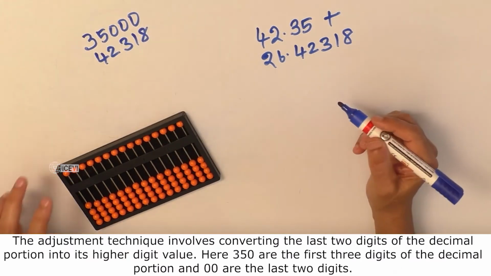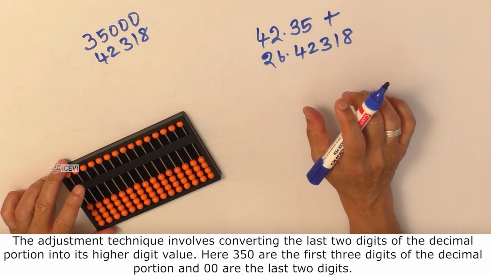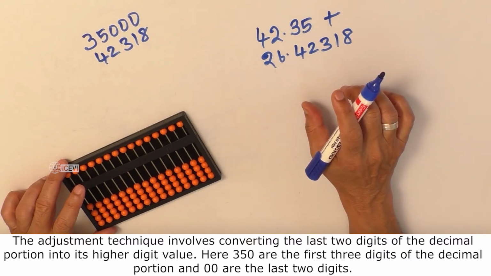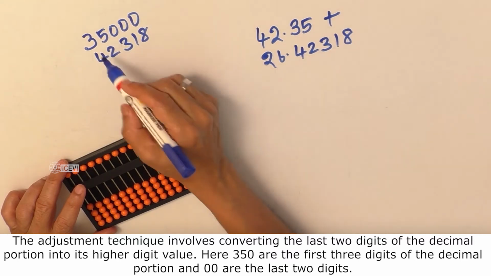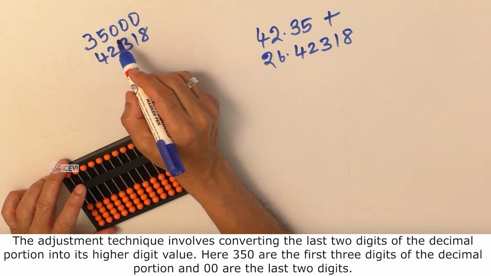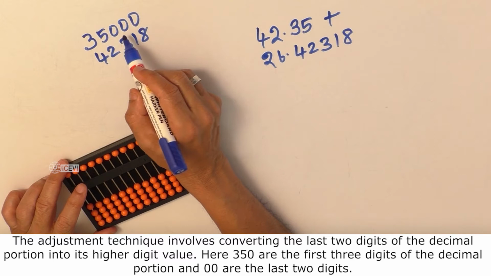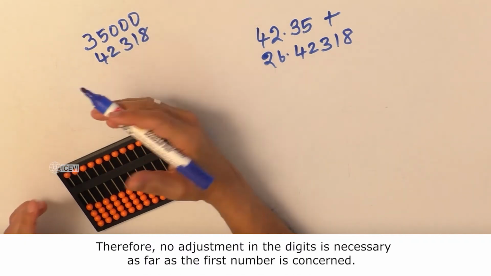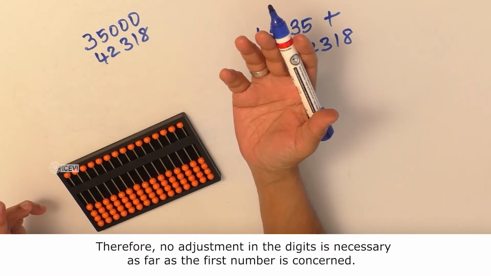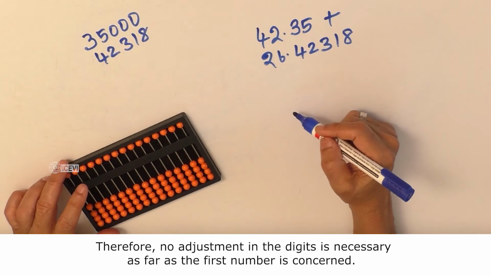The adjustment technique involves converting the last 2 digits of the decimal portion into its higher digit value. Here 350 are the first 3 digits of the decimal portion and 00 are the last 2 digits. Therefore, no adjustment in the digits is necessary as far as the first number is concerned.